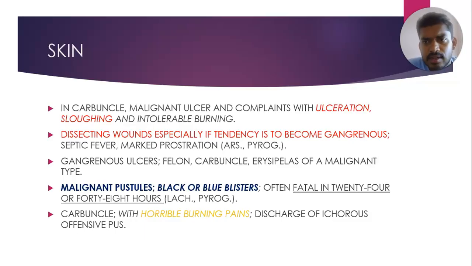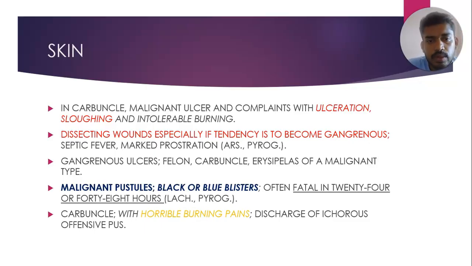I think the livid characters, the black, blue, all those stasis features can be brought from a lachesis point of view. Burning is there. Even lachesis has varicose issues. So varicose ulcers, again a gangrene can form there. So if you want to relate like that, you can think.